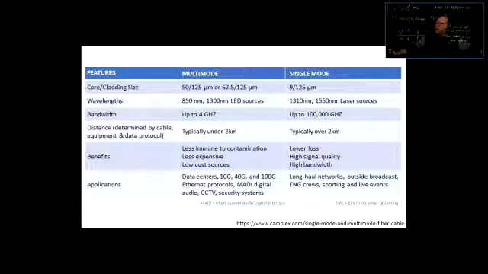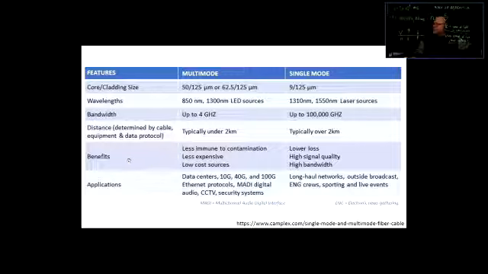Now the single mode, it says typically over 2 kilometers. Some sources will tell you up to 50 kilometers without needing to re-amplify the signal, and some will tell you up to 100 kilometers. So the idea is that single mode fiber is being used for the longer transmissions.